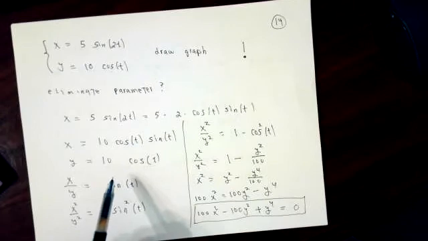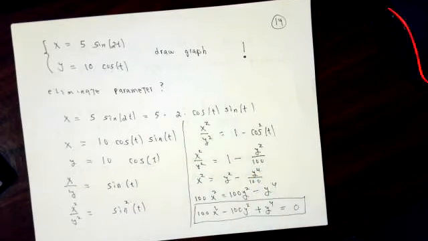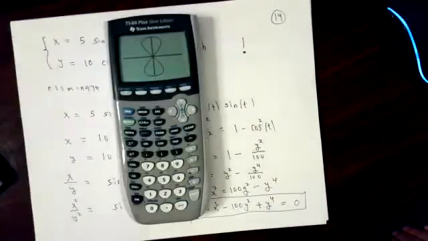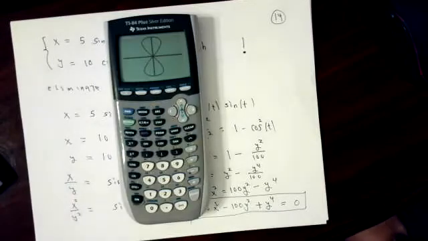Since cosine of t is y over 10, cosine squared is y squared over 100. Then clear the fractions, rearrange it. 100x squared minus 100y squared plus y to the 4th equals 0 is the xy version of the formula for this figure 8 shape.